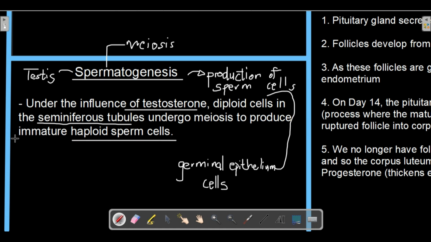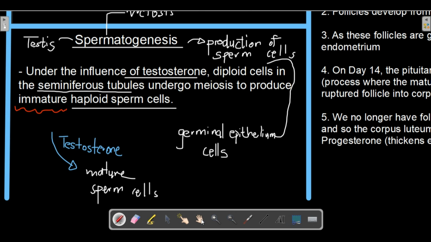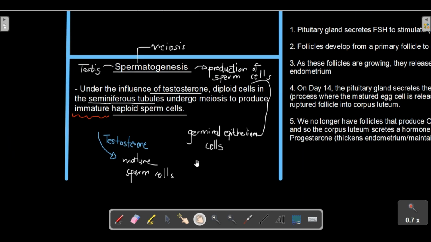And remember that at first you produce immature sperm cells, and then under the influence of testosterone again, okay, remember testosterone is also responsible for the maturation of sperm cells. And so after testosterone has stimulated the maturation of these immature sperm cells, then these become mature sperm cells. Okay, so that's how you describe the process of spermatogenesis.